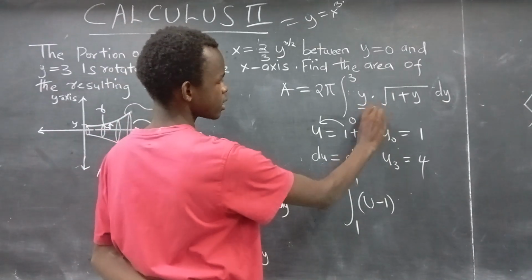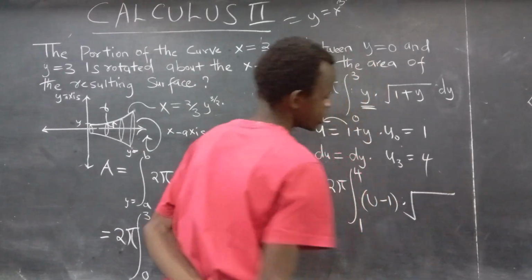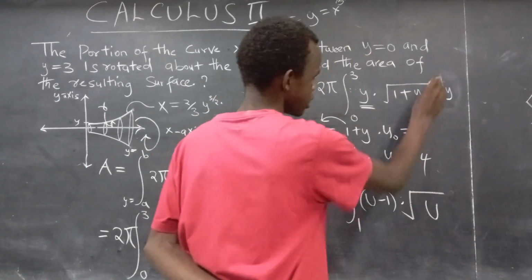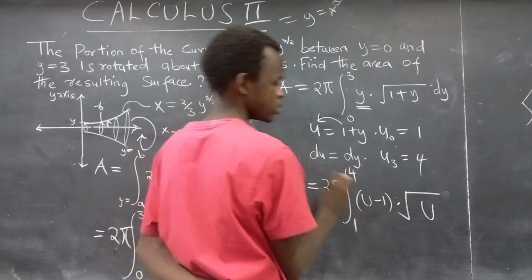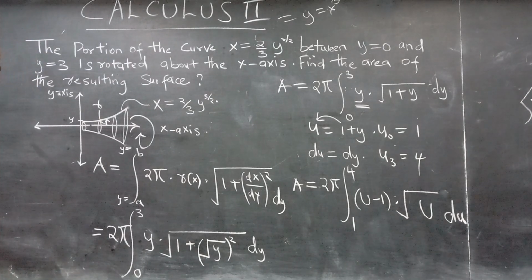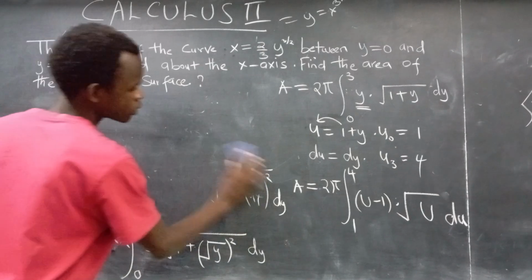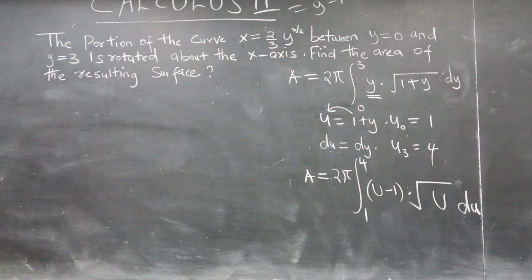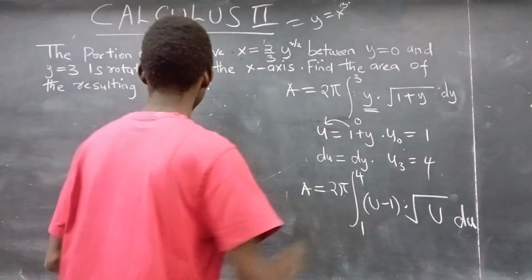So the value of y here, I'll take as u minus 1, multiplied by the square root of, we said the inside expression is u. Remember, instead of dy, replace that with du. So I'll just write du. So from there we'll be able to compute that. So we will get our area. Let's open the bracket for that.